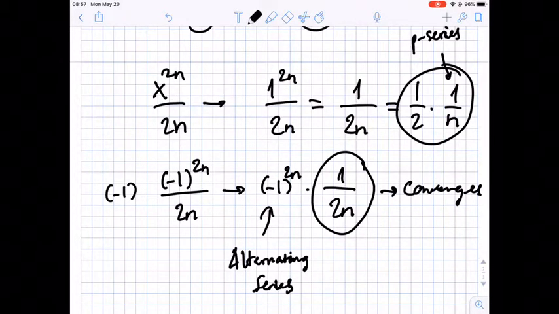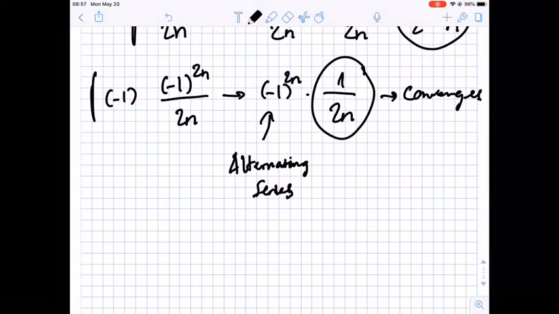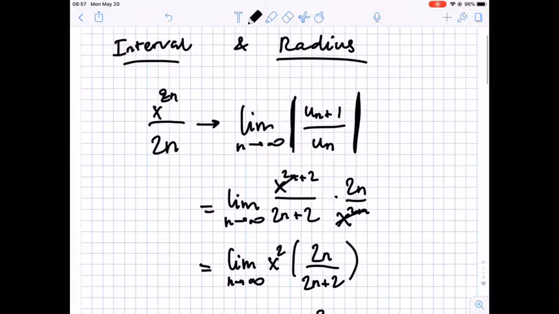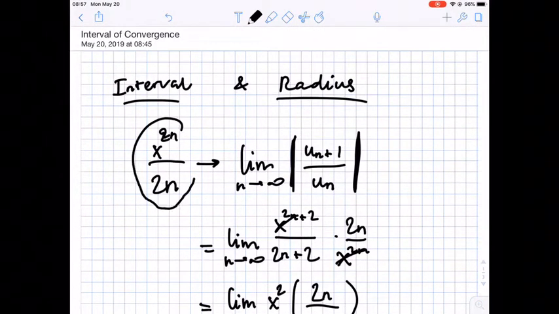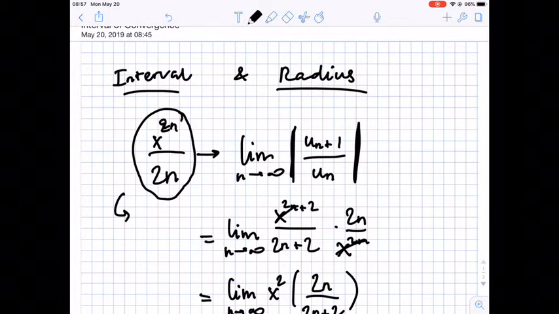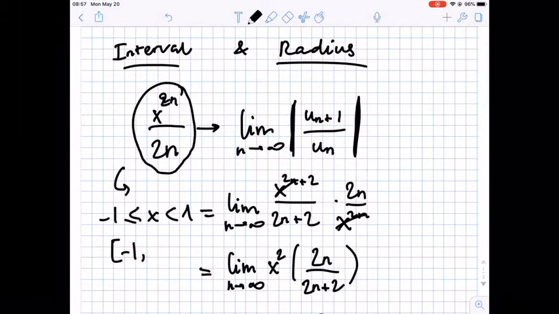So using our knowledge from these two tests, the interval of convergence for x to the power of 2n over 2n is -1 less than or equal to x less than 1. It includes -1, but it doesn't include 1. And that is how you do an interval of convergence test.